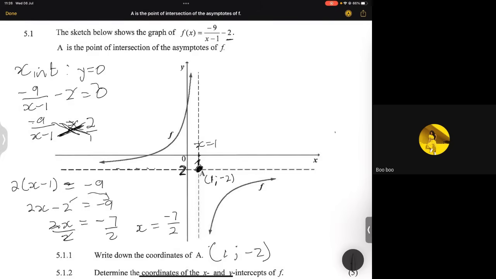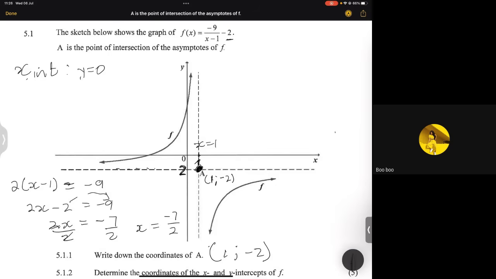Okay, so it means that my x-intercept, I hope that is not too clumsy. Are you guys able to see it? Yes, sir. Okay, so I'm just trying to write that a little bit more neatly as well.